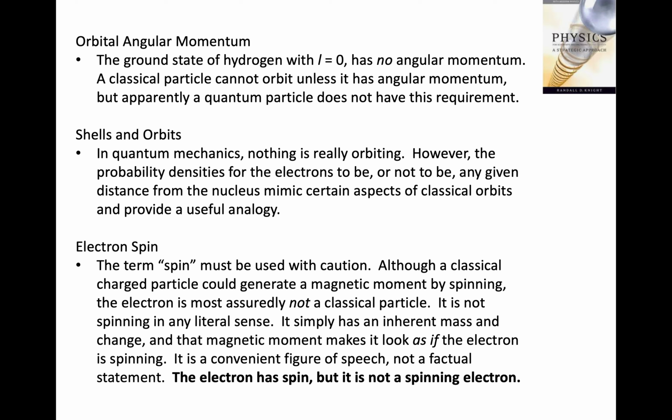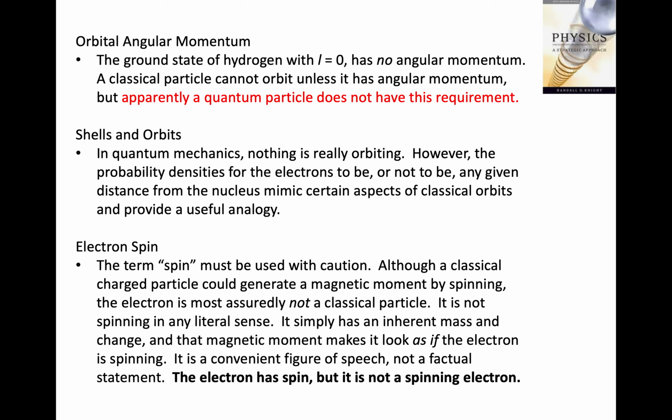The Knight textbook, which I like a lot on this topic, has a few examples when he's discussing orbital angular momentum. Notice the language: the ground state of hydrogen with L equals 0 has no angular momentum.